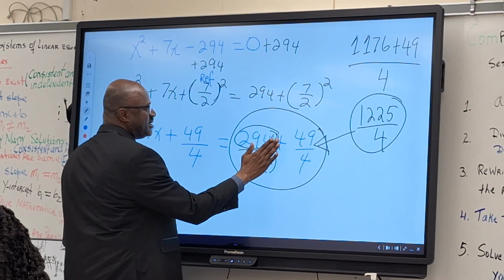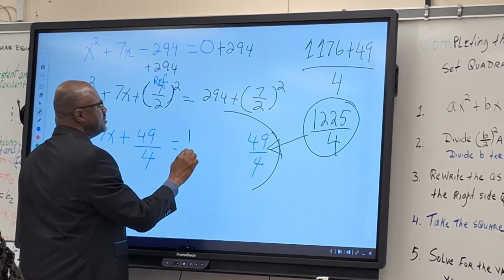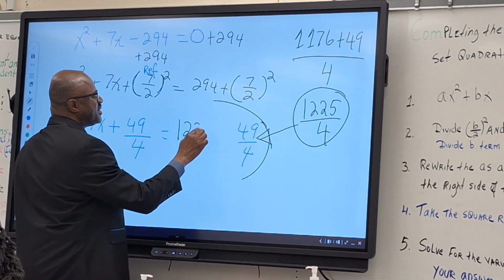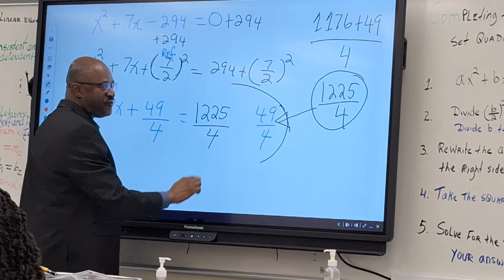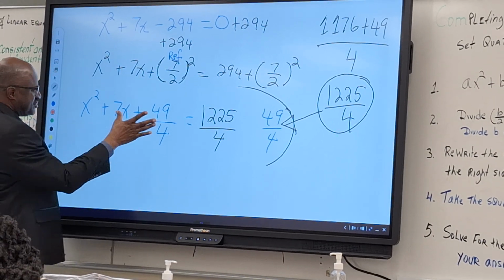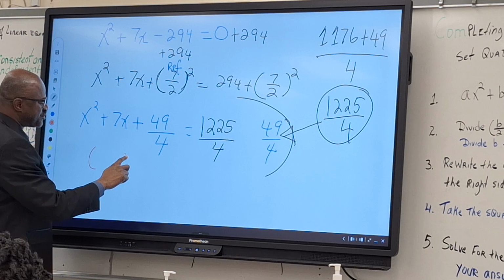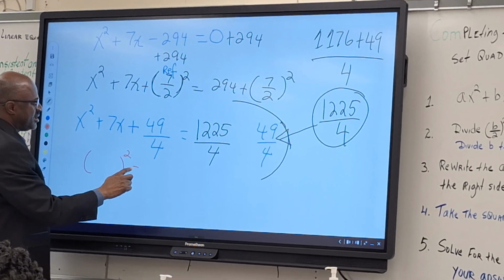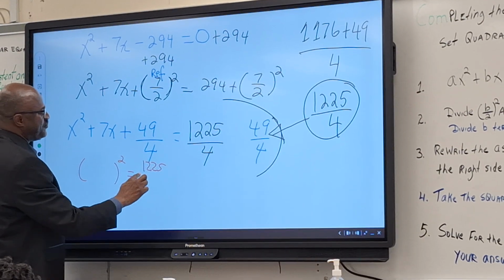Then we're going to translate that to 1,225 over 4. This is your perfect square trinomial, we're going to write it as a binomial square, and it is equal to 1225 over 4.